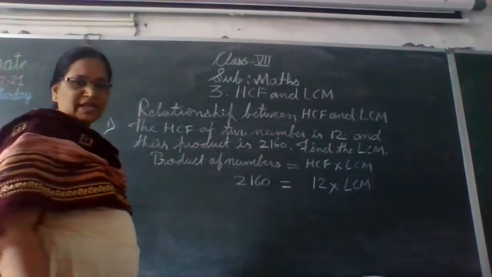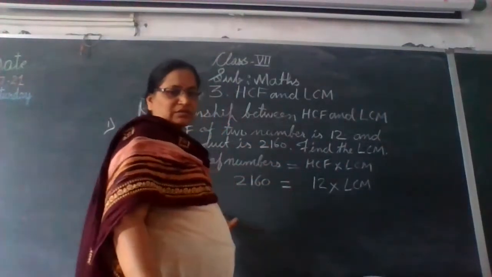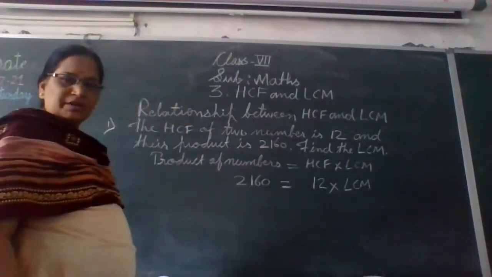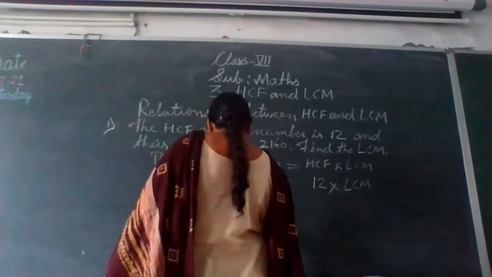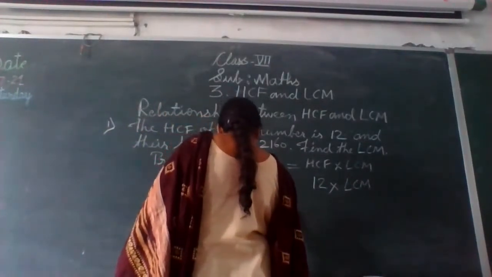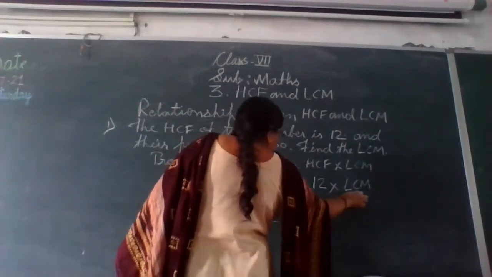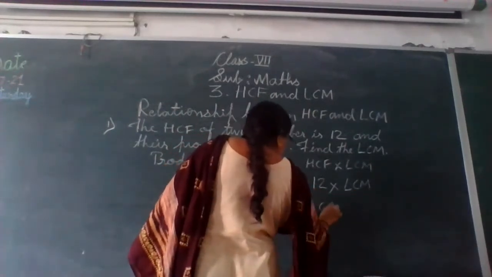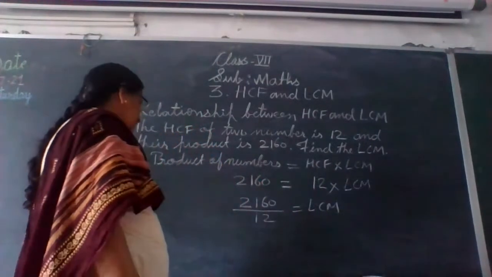Now how to find the LCM? We will transfer this multiplied by 12 to this side, so it becomes division. So 2160 divided by 12 is equal to what is left on this side, LCM. Okay, so after dividing, what do you get, beta?